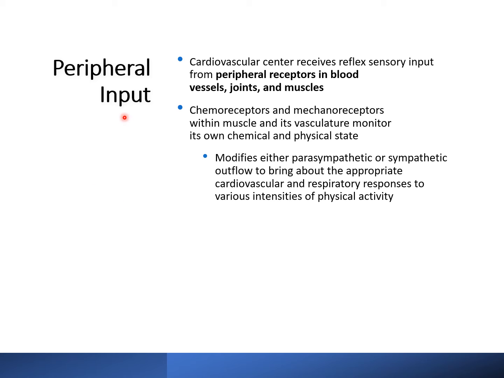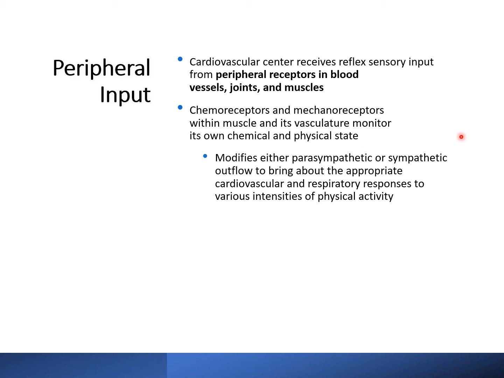So that was central input. Let's talk about peripheral input. The cardiovascular center receives reflex sensory input from peripheral receptors in blood vessels, joints, and muscles. The big thing to understand from this slide is that we have these receptors. It could be a chemoreceptor or a mechanoreceptor within a muscle or its vasculature, the vessels, and they monitor its own chemical and physical state.